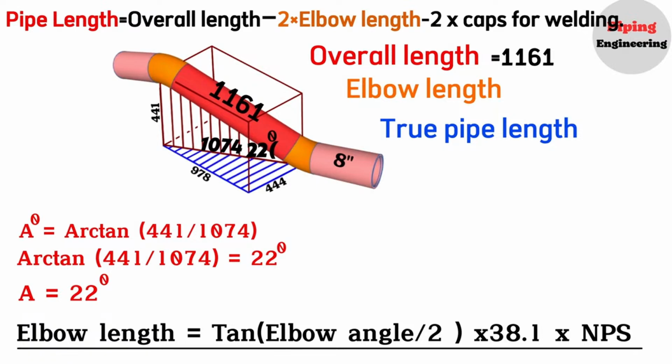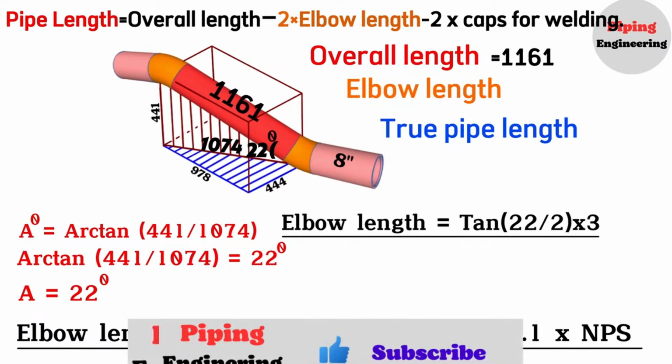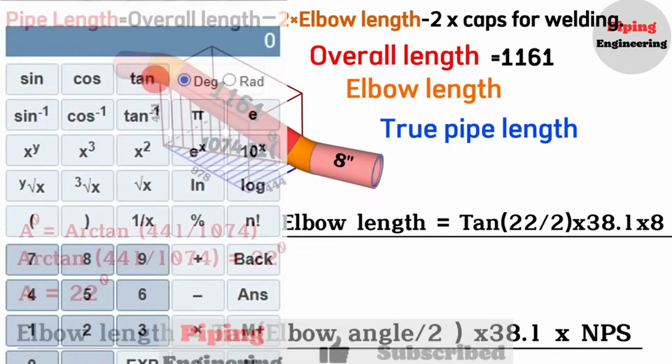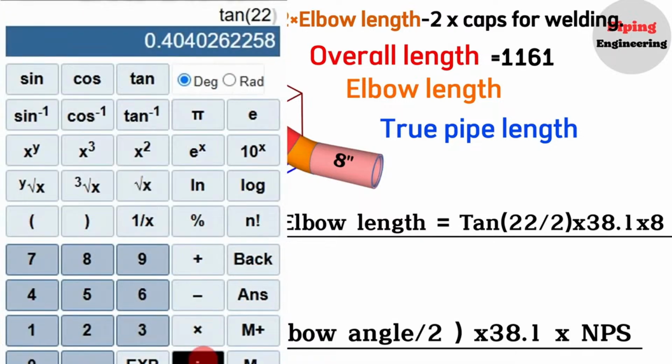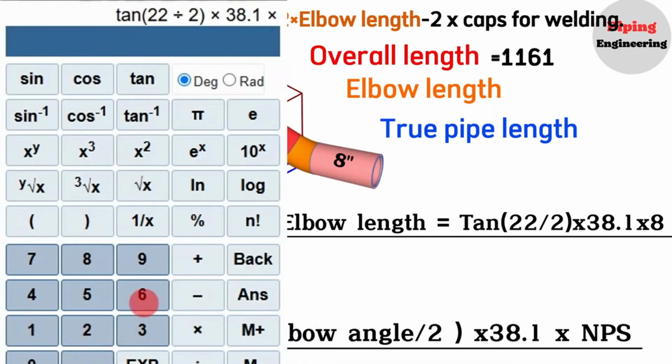Now we will substitute our elbow angle and nominal pipe size into this formula. So, our elbow length will equal the tangent of 22 divided by 2, multiplied by 38.1, multiplied by 8. Using a scientific calculator, this equals approximately 59 millimeters.